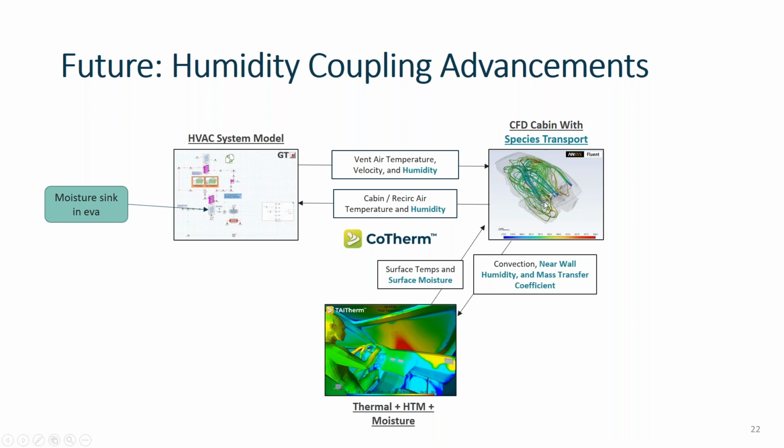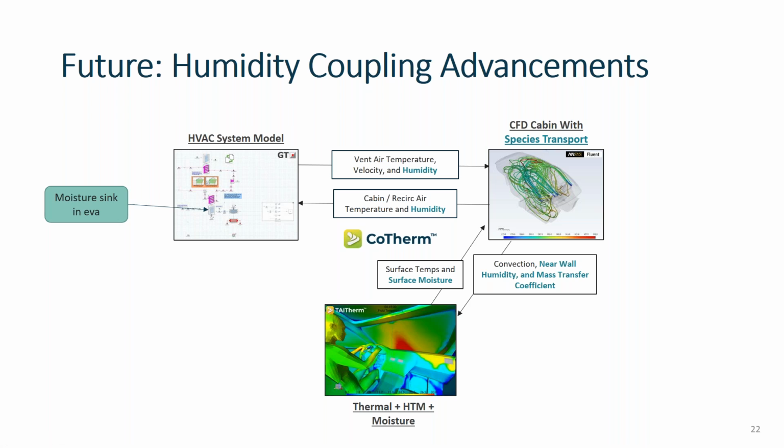But in the future, we want to identify species transport. Instead of just tracking the air velocity and the air continuity equation, we're also solving mass balance equations for the species, the water species and the air species. Each cell will have a local relative humidity value, and at the boundaries you will be supplying a mass fraction of water.